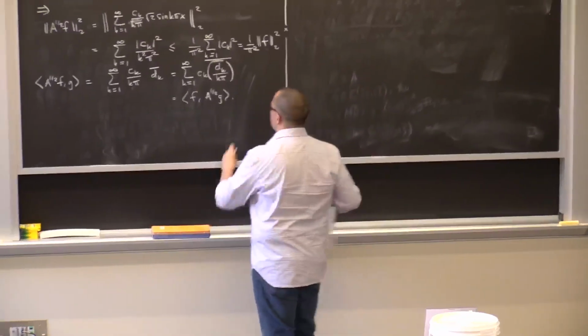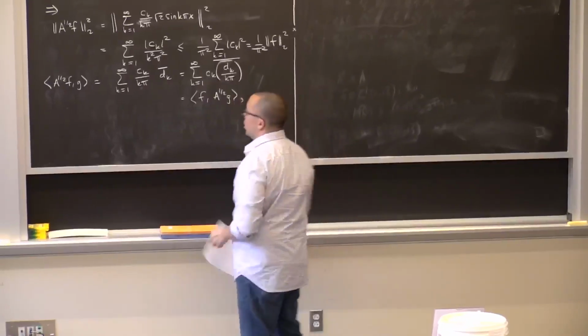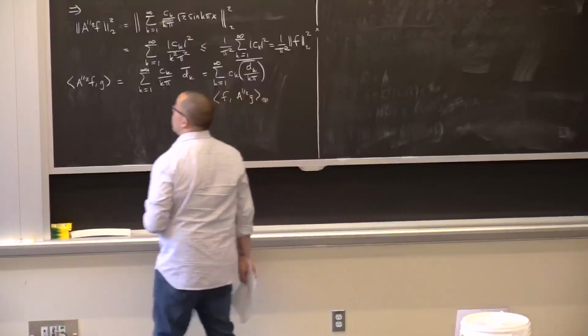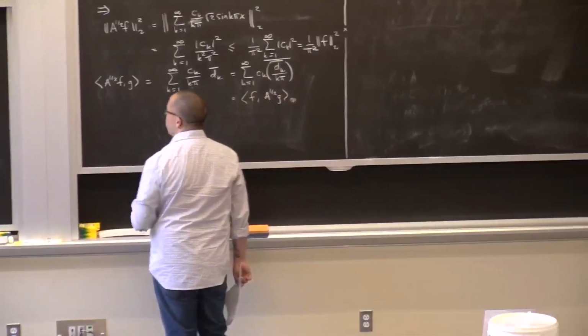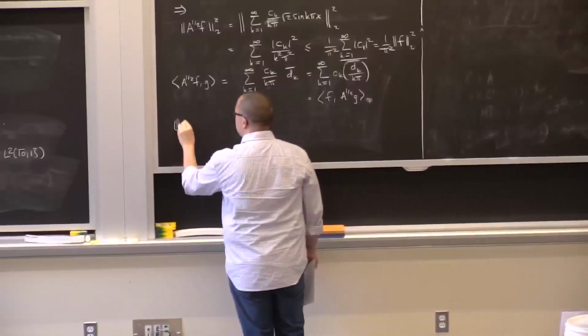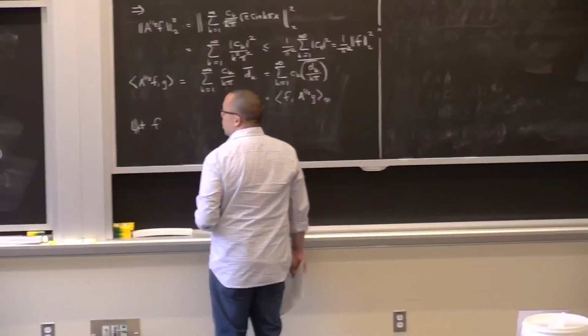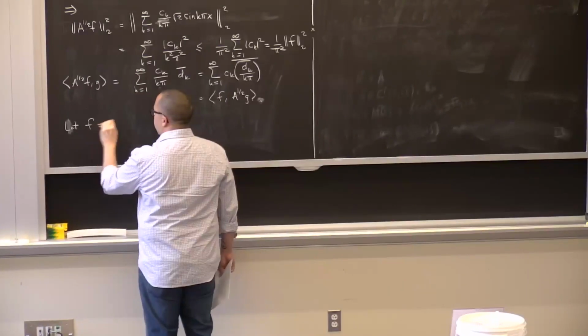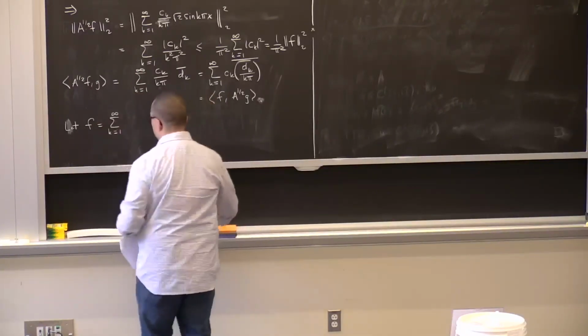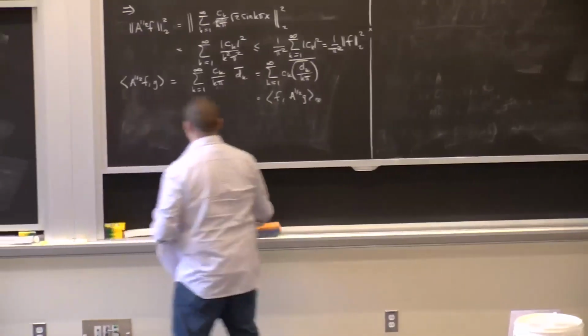Okay, and now finally, we show that A to the 1/2 squared gives me A. So let f be as before. I already wrote that part, so I don't need to write it again.